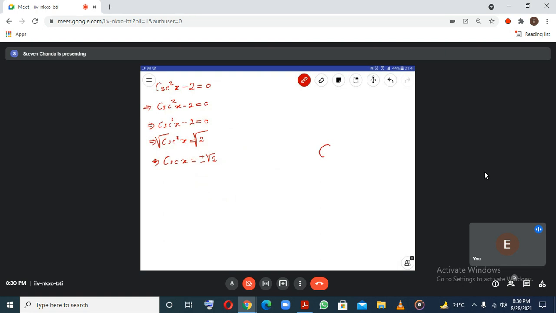Remember we said you go for the third letter, right? So the third letter is S. So it's 1 over sine x. So what you're going to do here is say it's 1 over sine x equals plus or minus root 2. Don't worry, we're going to separate these two so that it will be easier.